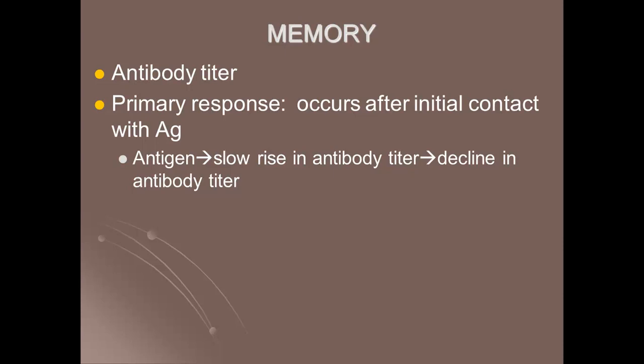Then we have to differentiate into the memory cells and into the plasma cells. Then the plasma cells have to make what? The antibody. So that's why we see a slow rise in the antibody titer. So usually our antibody titer doesn't peak until approximately 2 weeks after exposure. Once the antigen is gone, then the antibody levels could begin to decline.